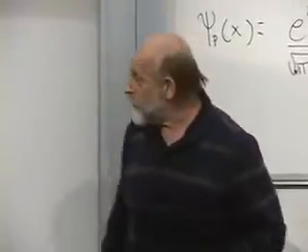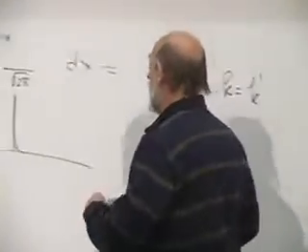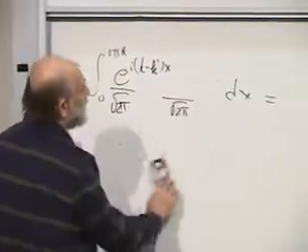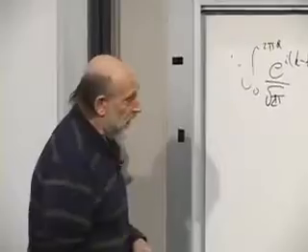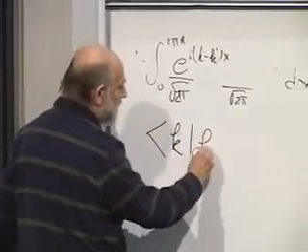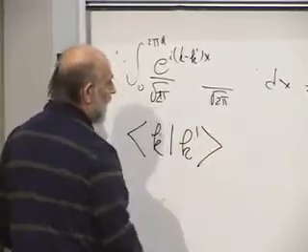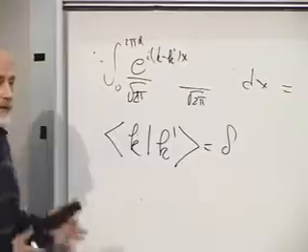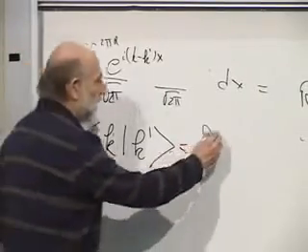Once we do that, we can write the original equation, which I haven't written down, but I'll write it down now: the inner product between two eigenvectors, instead of being equal to a Kronecker delta, becomes a delta function, delta of k minus k prime.